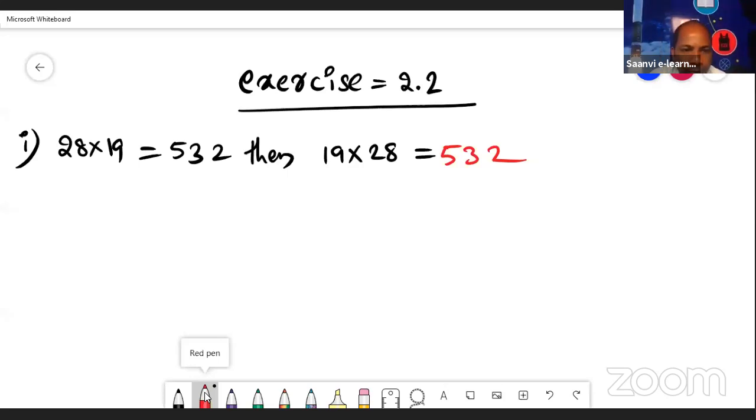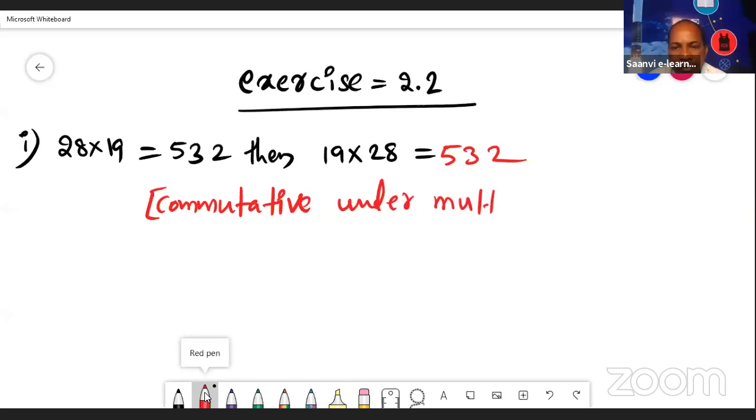So here the property involved is the commutative property under multiplication.